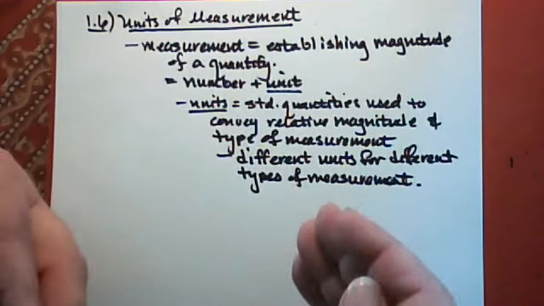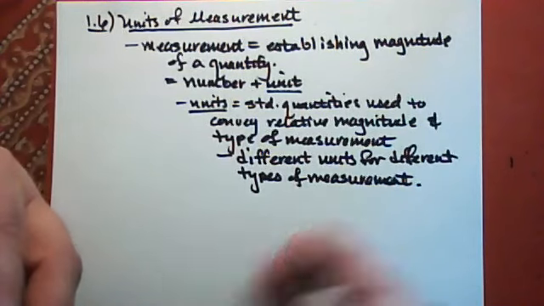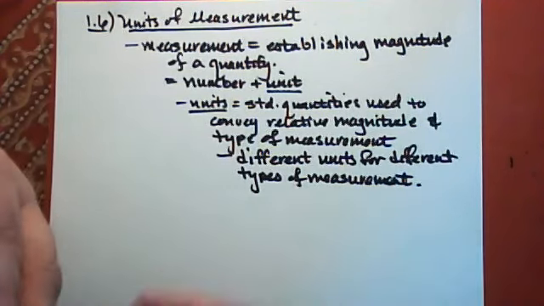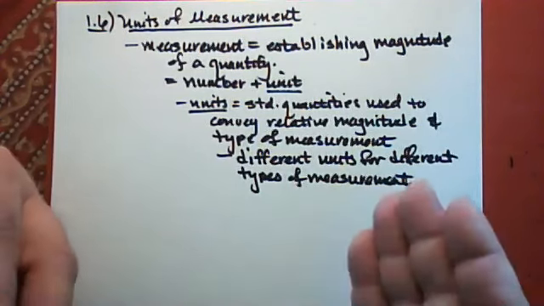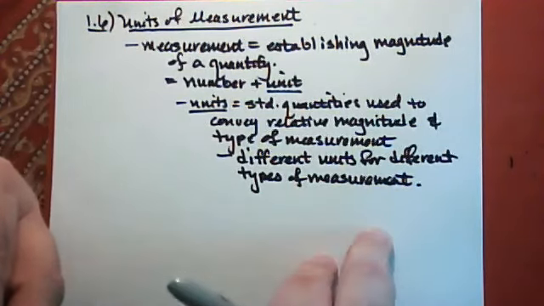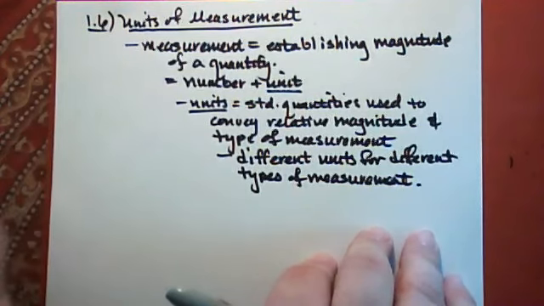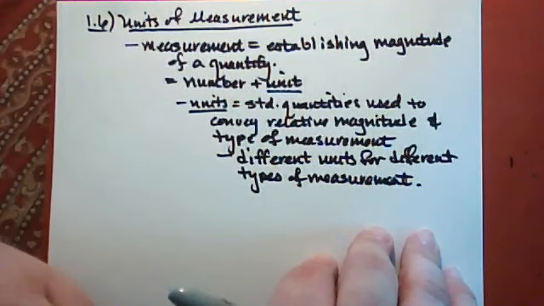Just within the English system, you could use inches or feet or yards or miles. And so you tend to choose whichever unit will give you the most convenient and reasonable size number. You're probably not going to measure the length of a piece of paper in miles. You'd end up with a ridiculously small number because miles are huge compared to the size of a piece of paper. So you're probably going to use either inches or feet for a piece of paper.